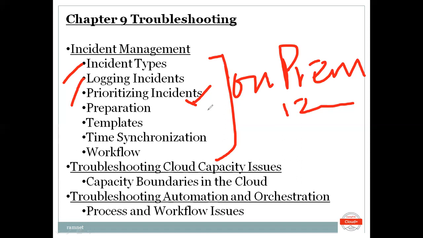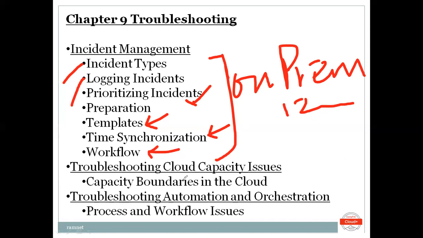We just finalize that. That is what prioritizing the incidents means. Preparations and templates means creating templates to do the routine operations. Time synchronization is a very important thing. Even in our on-premises equipment, we used to synchronize the timing according to the customer's headquarters location. A workflow needs to be created on this.